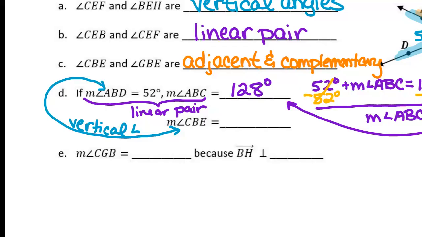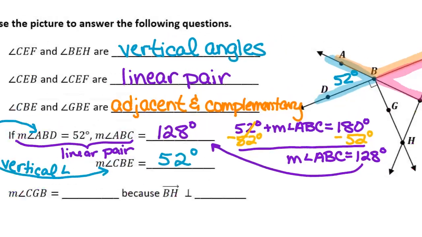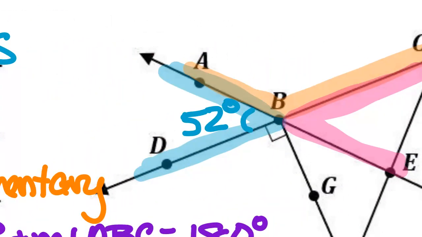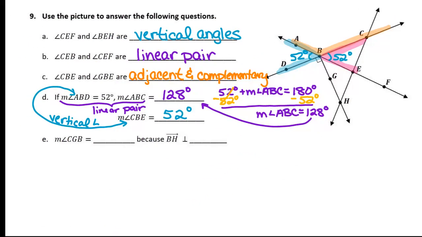And what's true about vertical angles? Starts with a C. They're congruent. So if ABD is 52 degrees, how big is CBE? Also 52 degrees, yes. So these two angles would be congruent. All right.